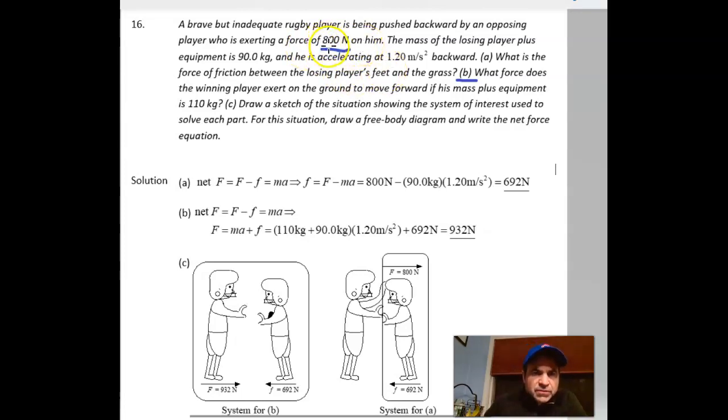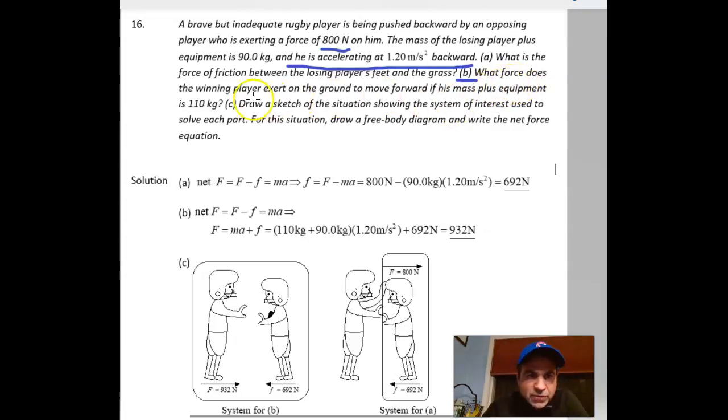It says he exerts a force of 800 newtons on him, but he also exerts a force of 800 newtons on the other player because they are in contact. It's Newton's third law. Okay, and it says he is accelerating at 1.2 meters per second squared. Well, they both are, because it says being pushed backwards, so they're in contact.